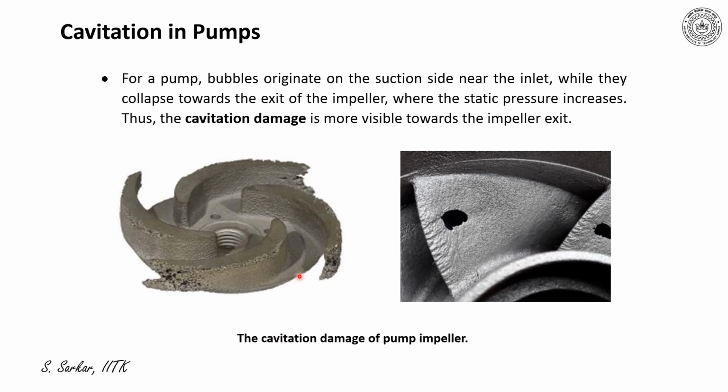Thus, a figure is indicated here where one can appreciate that a bubble originates on the suction surface near the inlet of a radial flow impeller, and collapses towards the end of the impeller, creating a significant erosion of the blade surface and damage.